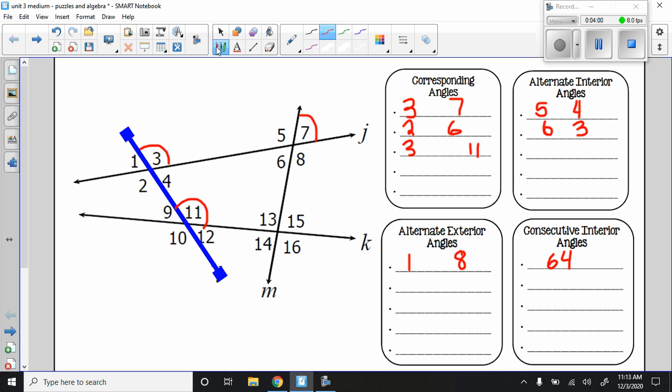Let's show you what is not corresponding to 3. Angle 15 is a top right position, but it is not corresponding to angle 3. Because if I want to get to angle 15, I have to turn off the bridge, and you can't do that.